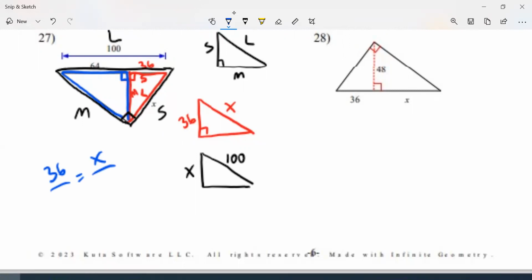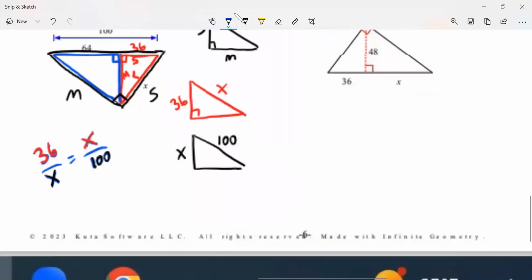And then I know 36 goes with x on the black triangle, and x goes with 100. So, matter of fact, let me write how I did this. From the red triangle, I got my 36 and my x. From my black triangle, I got x and 100. Let me use the colors from the triangle that I got. Okay, so that's where I got these values from. I'm just going to cross multiply. So now I'm going to use blue.